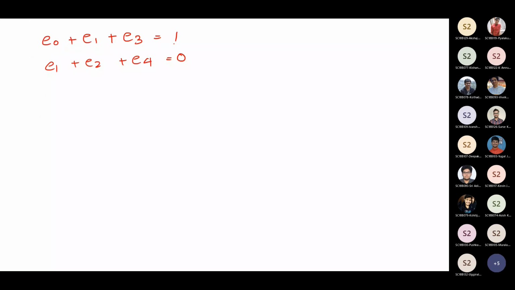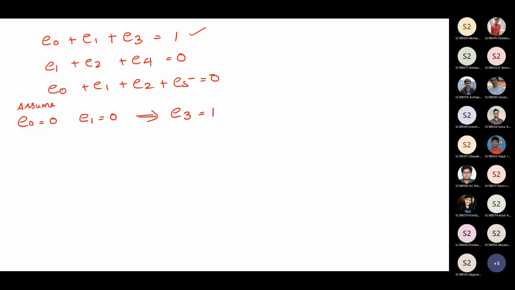Next, E0, E1, E2 plus E5 will be equal to 0. So for example, I am taking these equations. Three unknowns are there, so I can make an assumption. For example, assume E0 equal to 0, E1 equal to 0. From the first equation, I can say E3 will be equal to 1.